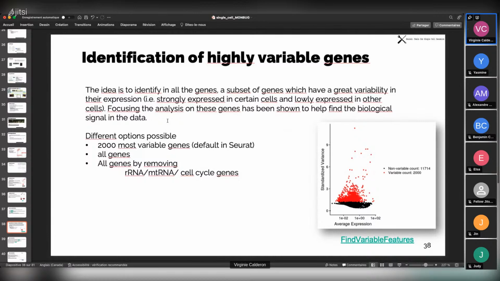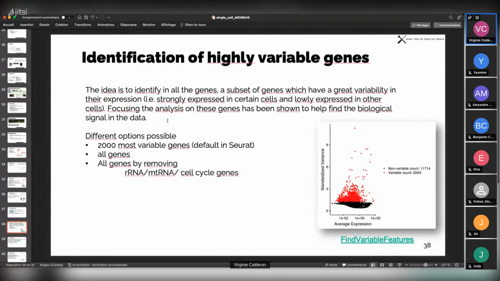That way, we will remove other bias. We will focus the analysis on these genes because they have been demonstrated to help find the biological signal in the data. If we keep everything, sometimes it's really difficult to extract the knowledge from it.